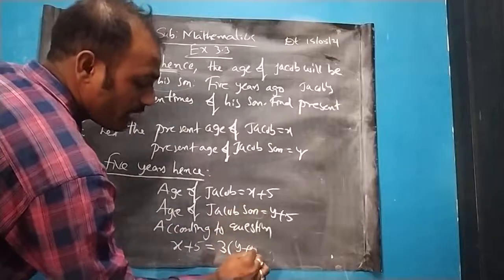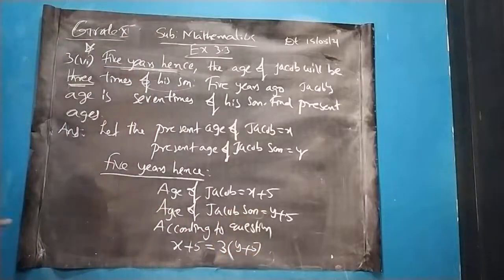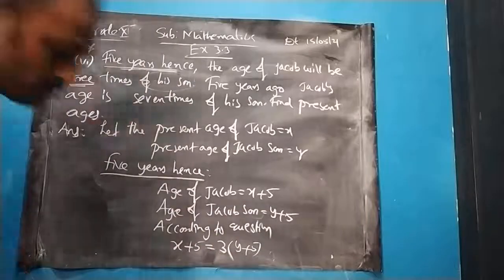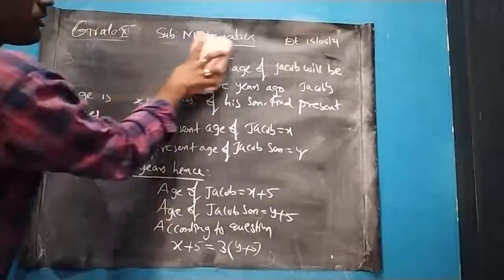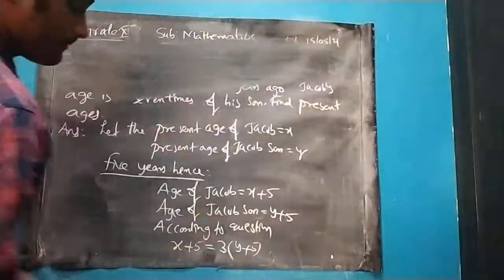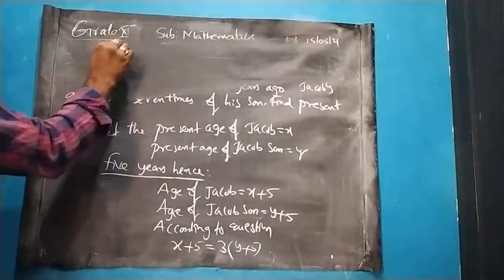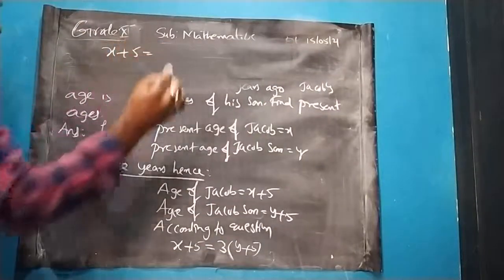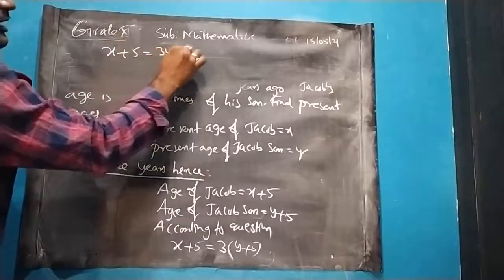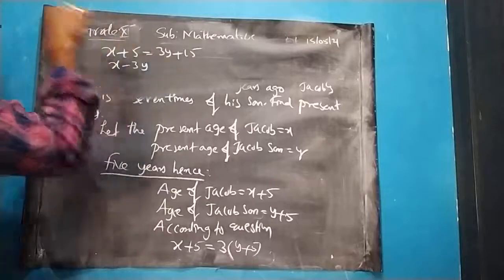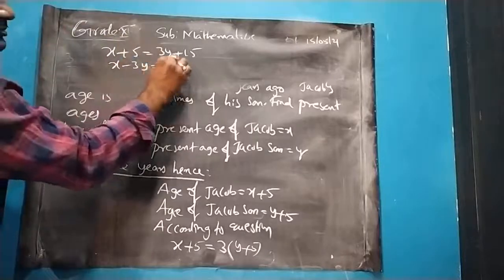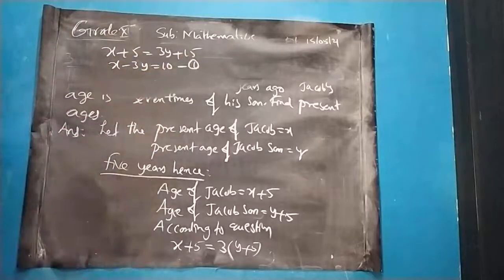Y plus 5. So the equation will be formed as X plus 5 is equal to 3y plus 15. So the equation is X minus 3y is equal to 10. This is the first equation.